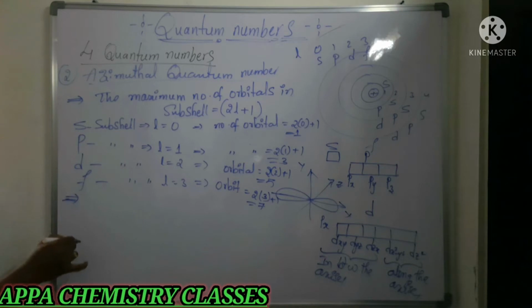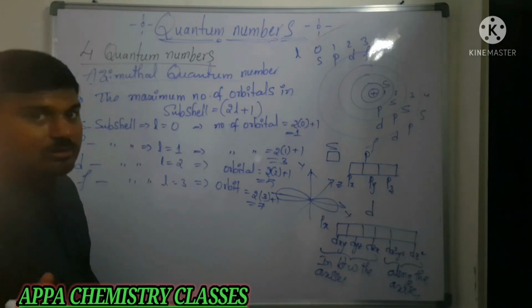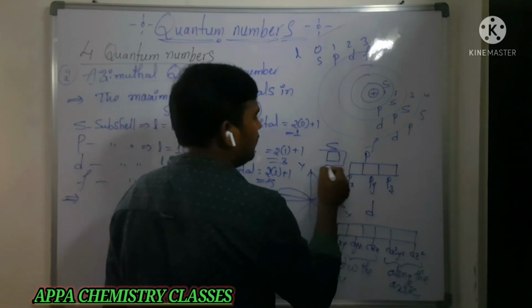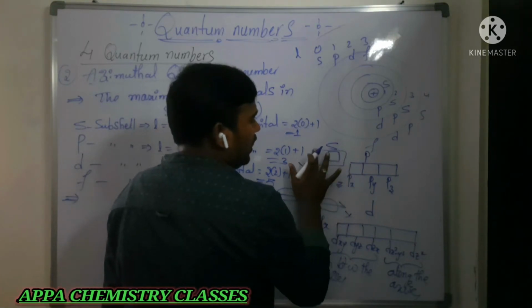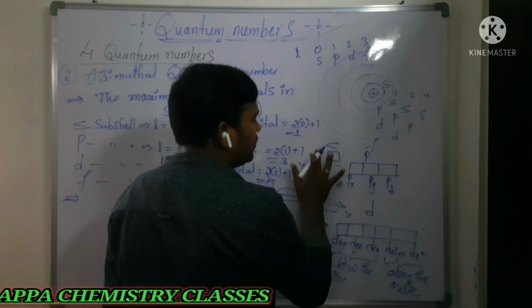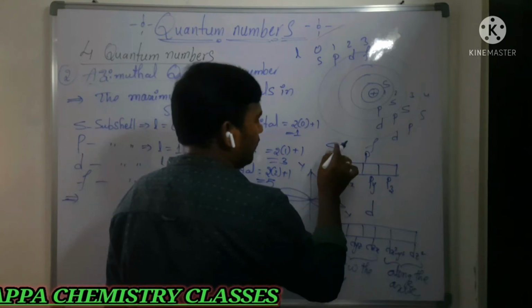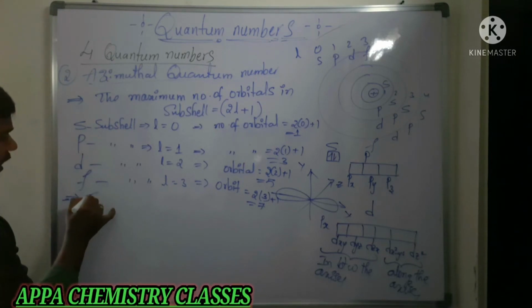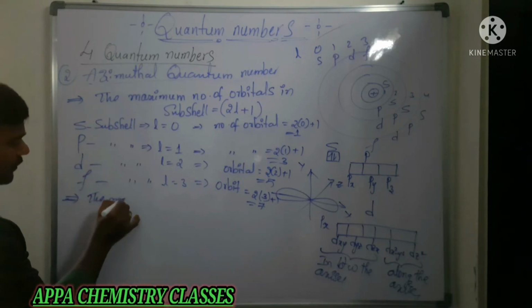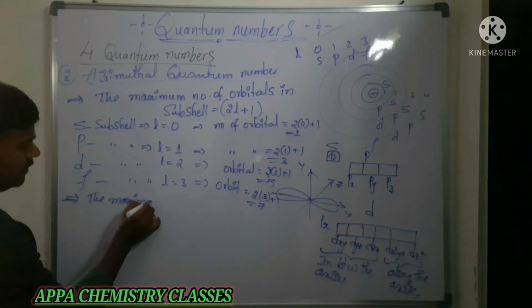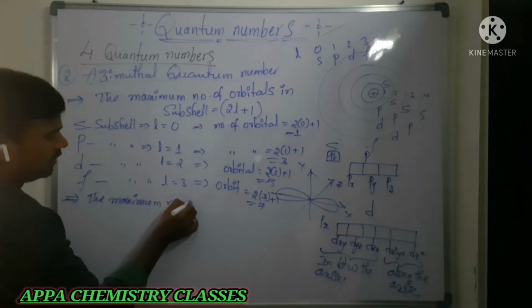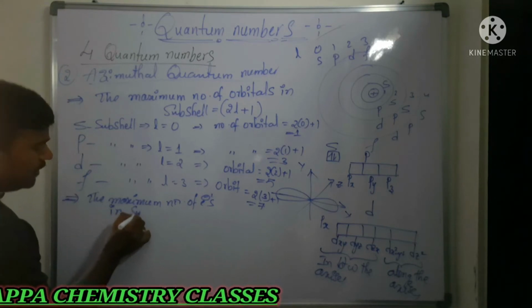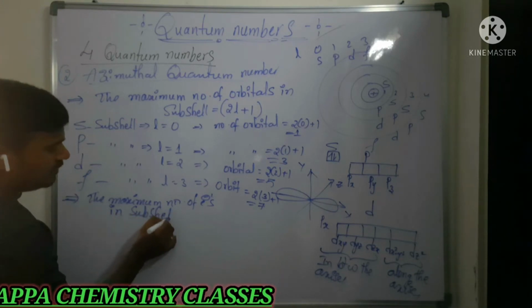After that we will see the maximum number of electrons that can be accommodated in an orbital. This is an orbital. In an orbital, the maximum capacity is only 2 electrons. Now the maximum number of electrons in a subshell is given by which formula?